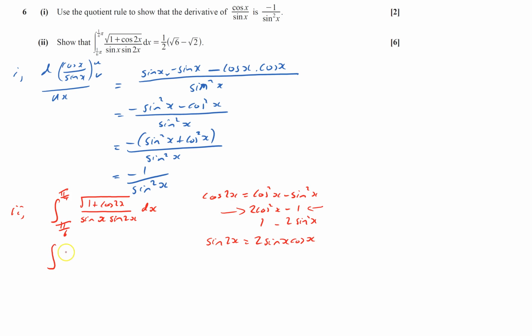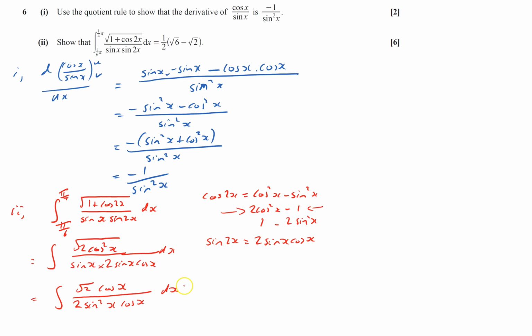So the integral, I'm going to leave off the limits for the moment. The square root of 1 plus, so it's actually going to be the square root of 2 cos squared x, because the plus 1 and that minus 1 will disappear, over sine x times 2 sine x cos x with respect to x, and that equals the integral of square root of 2 cos x over 2 sine squared x cos x dx.